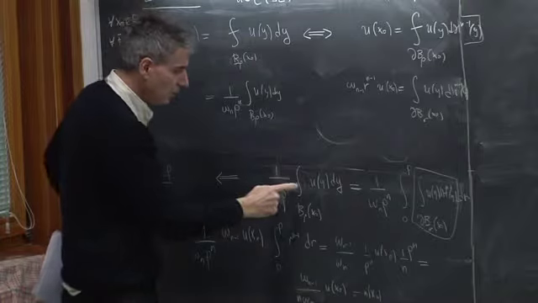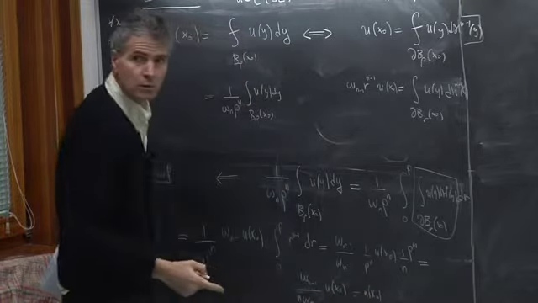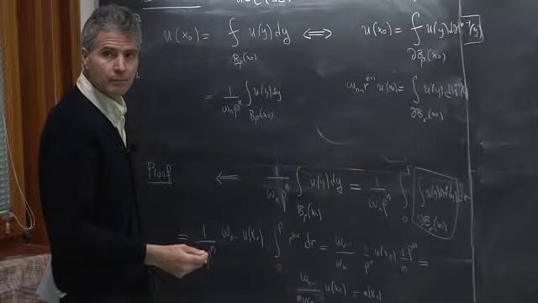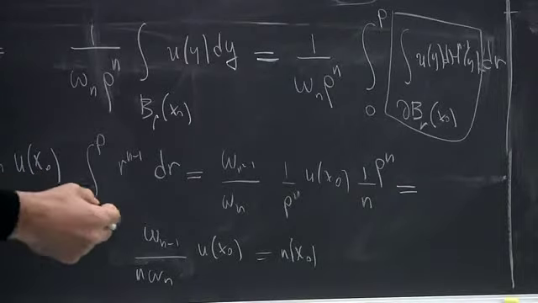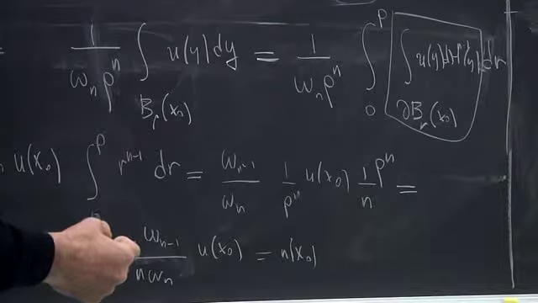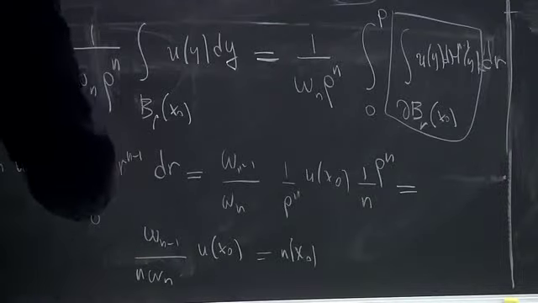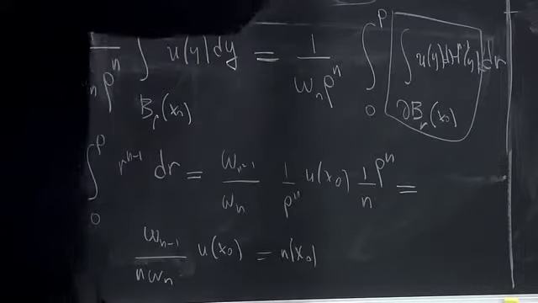So I have shown that this is equal to this. Where did you get r from, the r to the n minus 1? This? Yes. From this.